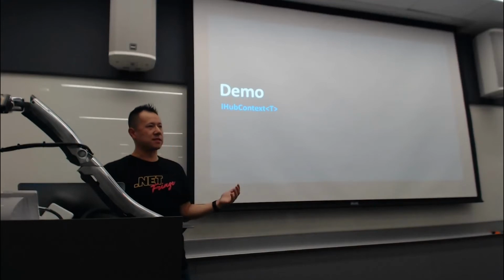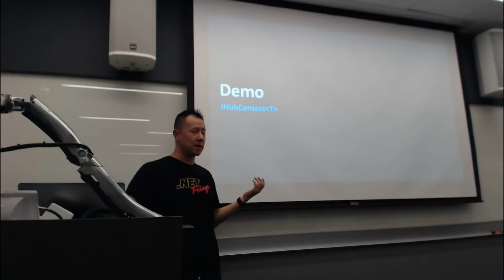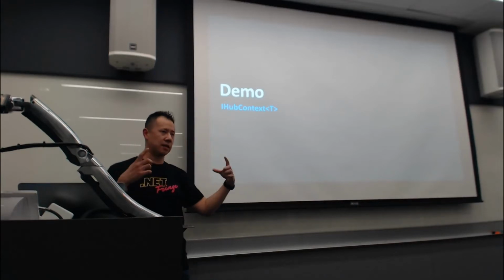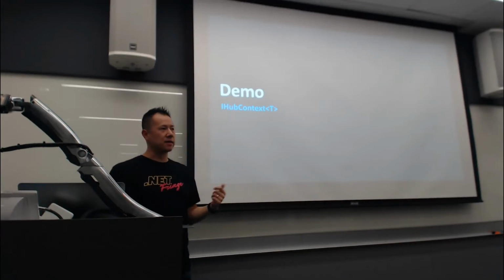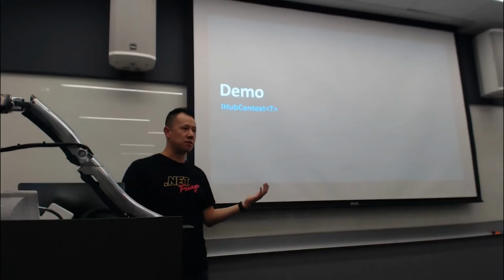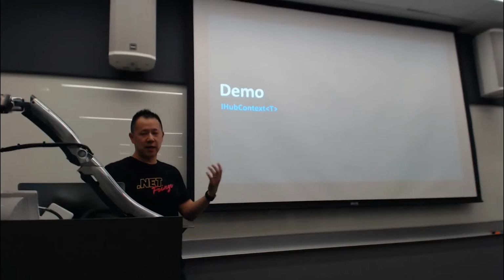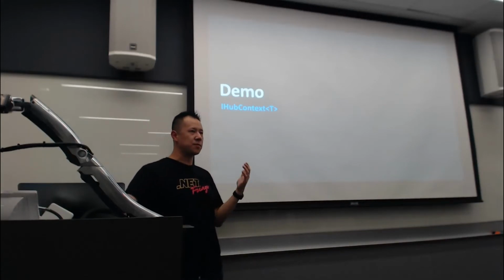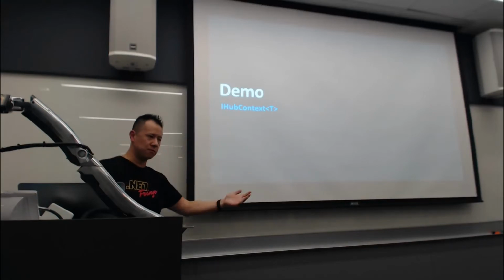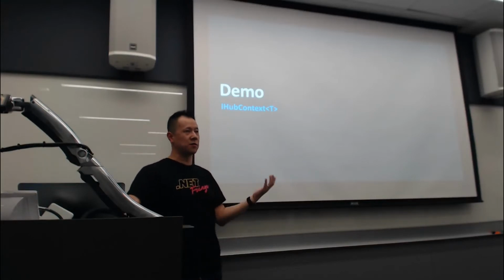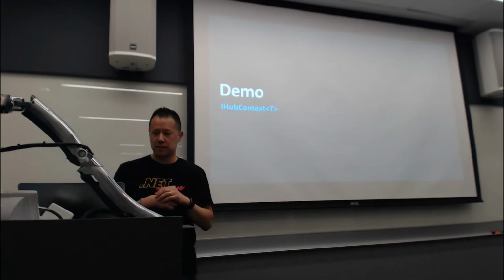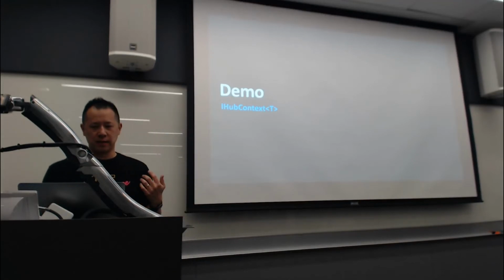So you can just ask ASP.NET Core for an instance of something called an IHubContext<T>, where T is the type of your hub. What you're going to get in your controllers, for example, when you ask for that, is that context, and you can invoke .Clients.All or whatever you want to send these messages straight from there. It's really quite nice. Before, it was pretty tedious to do something like that.